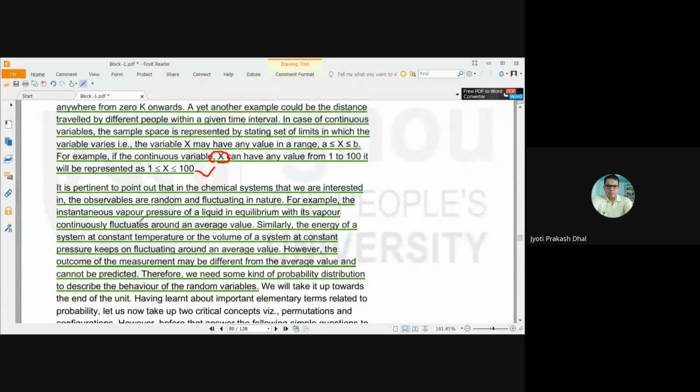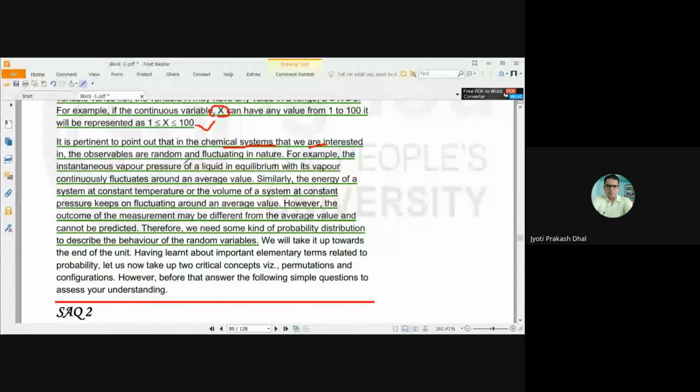It is pertinent to point out that in chemical synthesis, the observables we are interested in are random and fluctuating in nature. For example, the instantaneous vapor pressure of a liquid in equilibrium with its vapor continuously fluctuates around an average value.